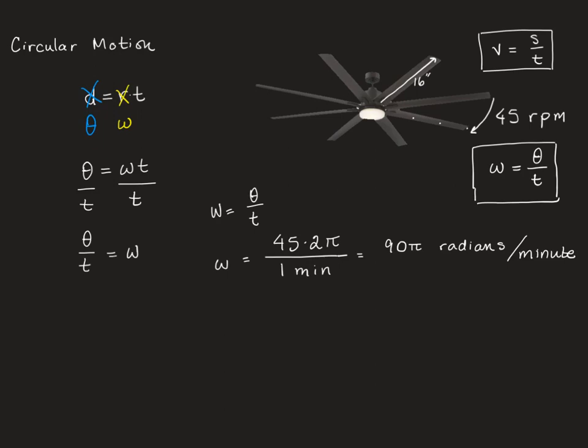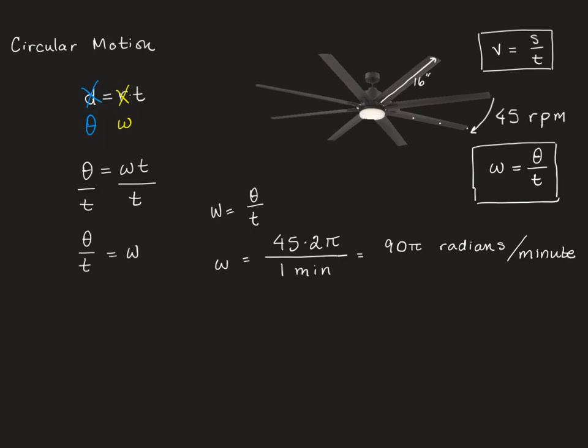Also remember that at each point along the way in this problem, in both parts of this problem, the part where we determined the linear velocity and the part where we determined the angular velocity, whenever we had to use theta, we had to use it in radians. That wasn't too hard because we kept going around the circle in full cycles or full revolutions. So all we had to do was remember that one full revolution in radians is 2 pi.